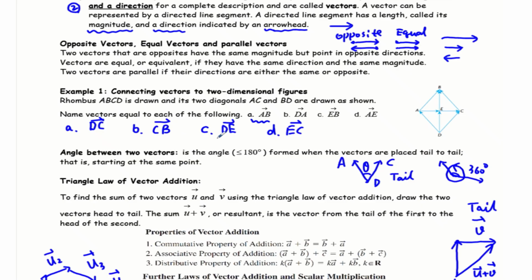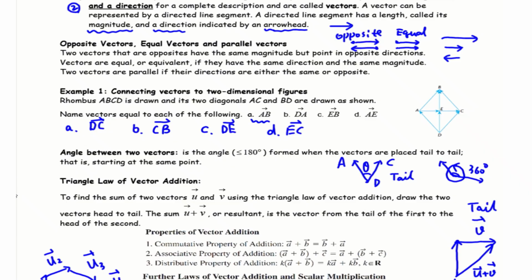Equal vectors mean same direction, same size. Opposite vectors have opposite direction but same size. And parallel vectors: it doesn't matter whether the direction is opposite or the same, as long as they are parallel, we call them parallel.